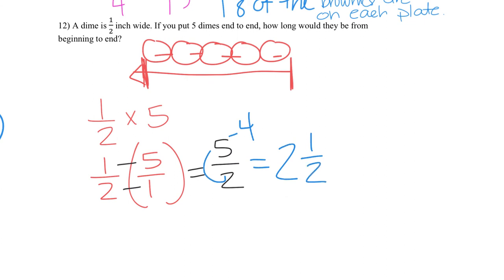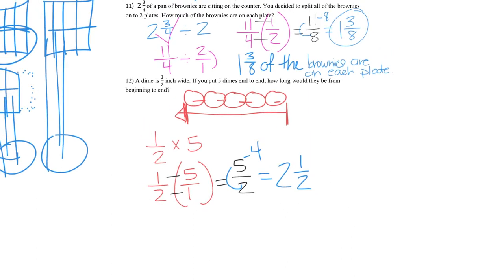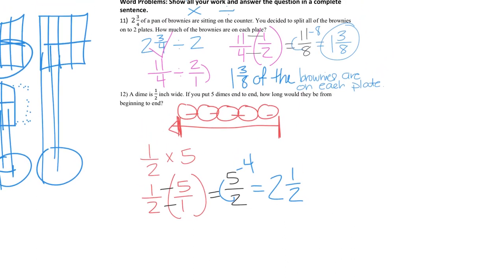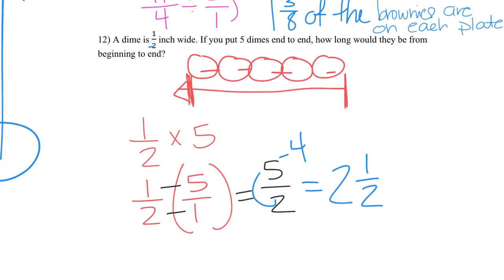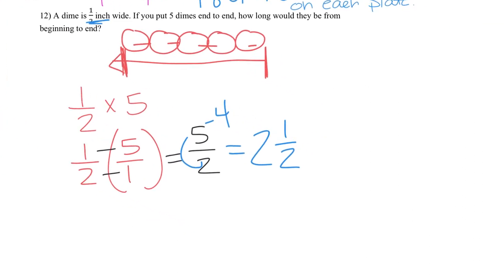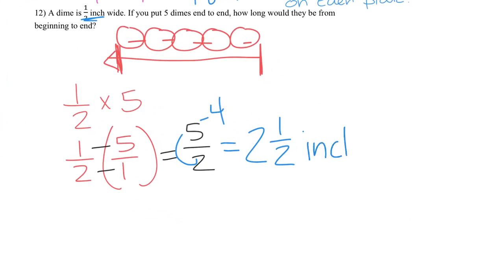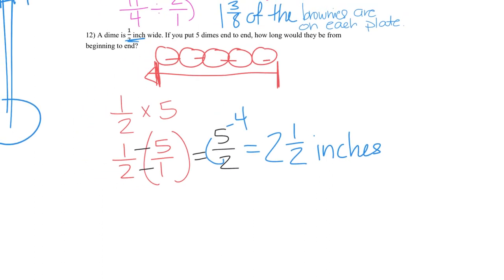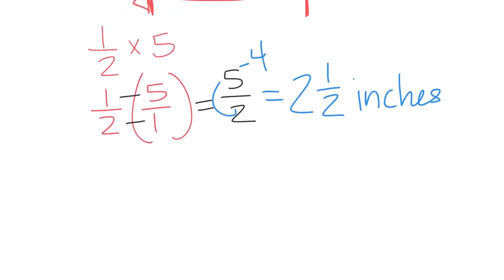Now, there should probably be a label with this one. The last one, there is no necessary label, just besides the brownies. We were talking about a 1/2 inch wide. So this is actually 2 1/2 inches. Now, what's the actual answer, though? How would I word this? How long they would be from beginning to end. So let's write that.